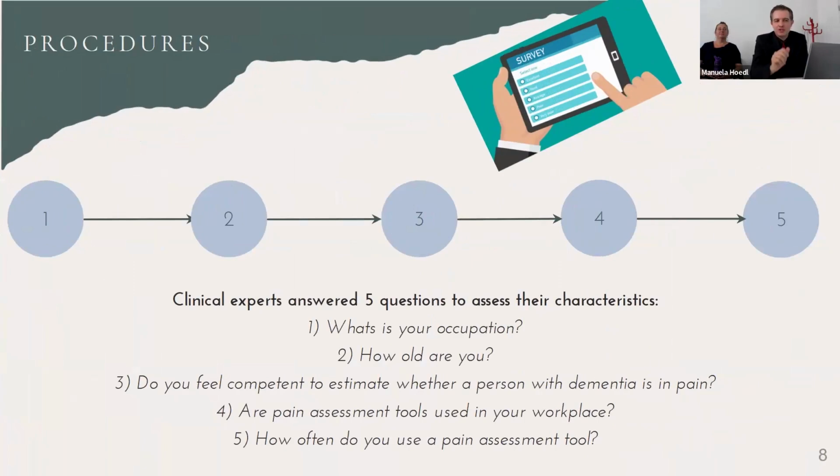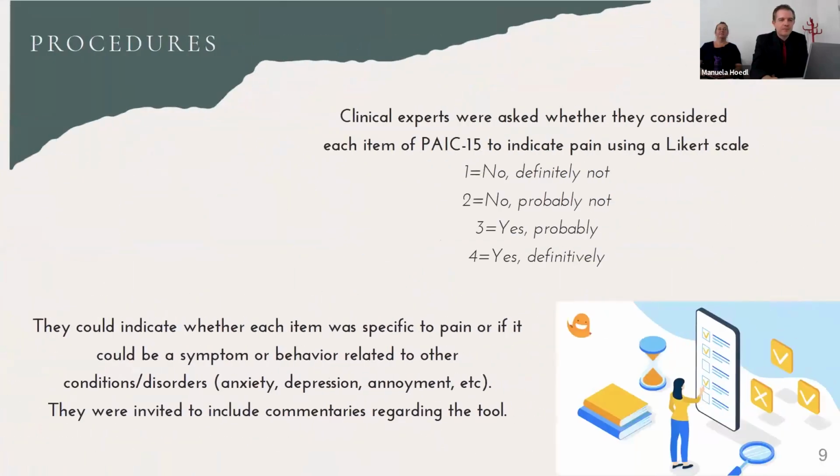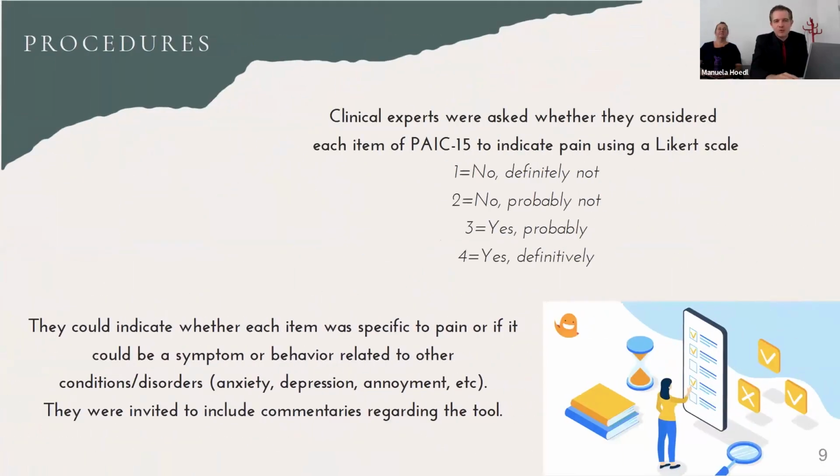Clinical experts answered 5 questions to assess their personal characteristics. They were asked whether they consider each item of PIKE 15 to indicate pain using a Likert scale, where 1 means no, definitely not; 2 means no, probably not; 3, yes, probably; and 4, yes, definitely.